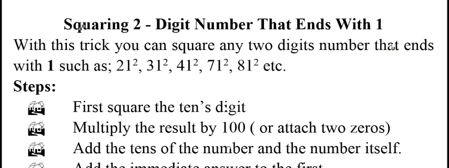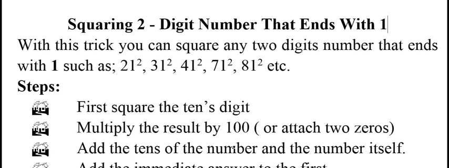The next thing we want to look at is to square a 2-digit number that ends with 1. With this, we can think of 21 as a number that ends with 1, 31, 41, 71, 81, 91, 51, and so on and so forth. Now, in doing this, the first thing we have to do is to square the tens digit.